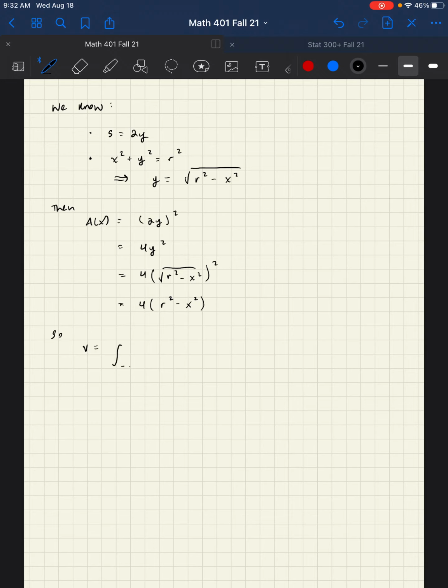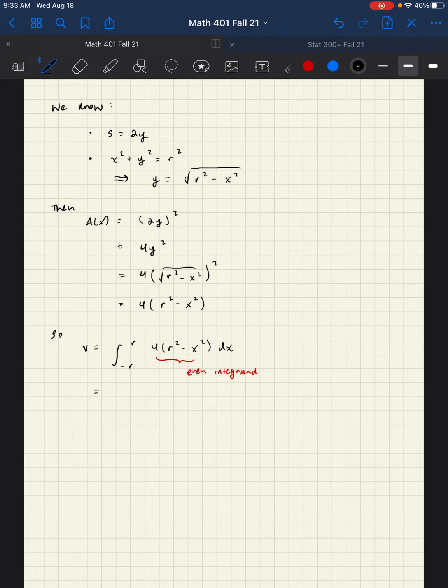And that means our volume calculation is going to be the integral from negative r to r of 4(r squared minus x squared) dx. And there's some nice symmetry here that you might notice. For instance, this is an even integrand, an even function.